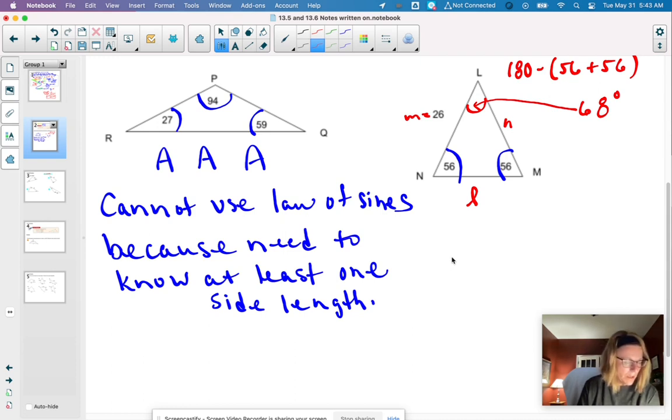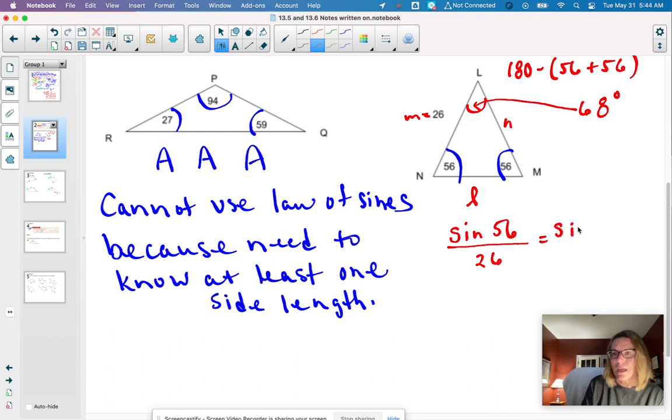All right, well, let's start with, again, we know this side. So I'm going to start by saying sine of 56 over this length, which is 26, is equal to, because again, I have to take the sine of this divided by the length of the side opposite that angle. And let's find n first.